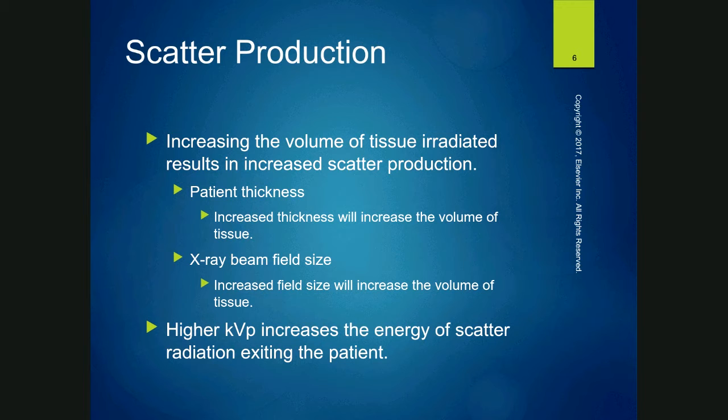So if you have something with a high energy and it doesn't lose much energy to that outer cell electron, it is more likely that that X-ray photon is going to exit the patient in a straight-ish way, which means it's going to hit the image receptor. So the higher your kVp is, the higher your probability of scatter is, and the increased volume of tissue is going to increase your production of scatter inside the patient also.